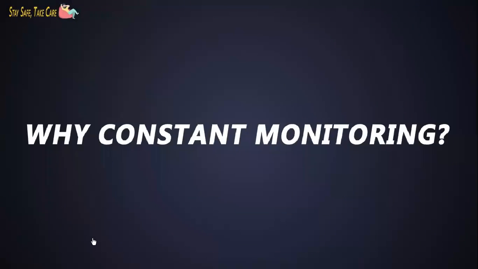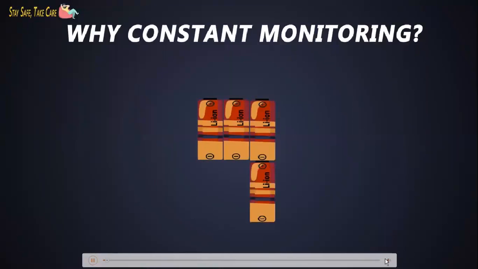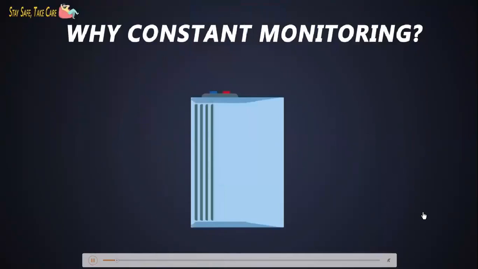Whenever we talk about the battery management system, first we will see why a battery monitoring system is required. The battery pack consists of a series of lithium ion cells having different voltages across their terminals.